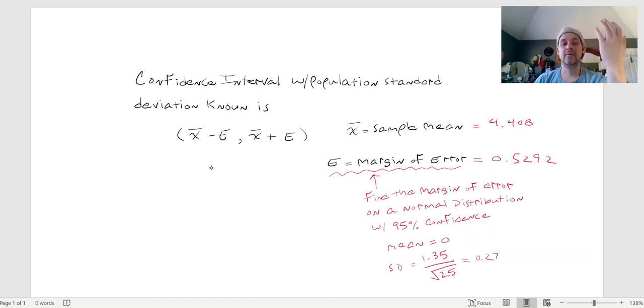All right, now with those two, I can make my confidence interval. So on the low end, it's X bar, the sample mean, minus the margin of error. So let's see, 4.408 minus 0.5292. So that's 3.8788.